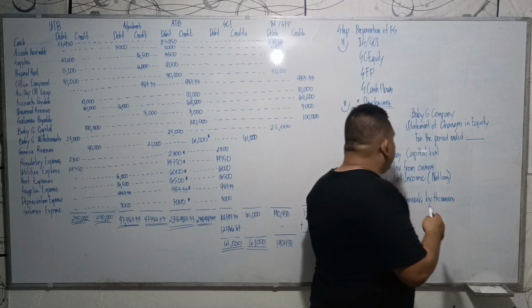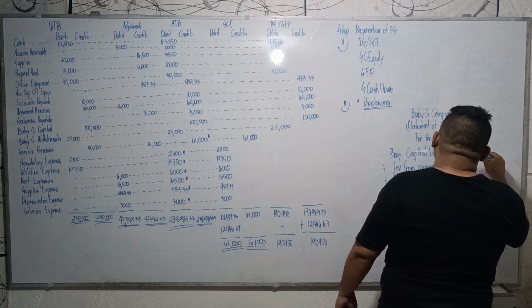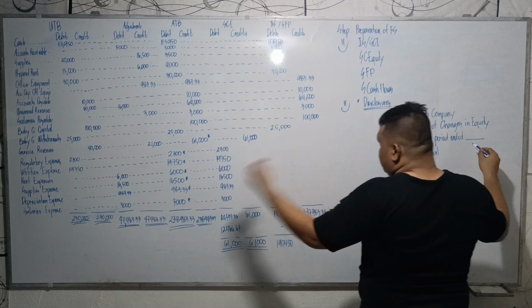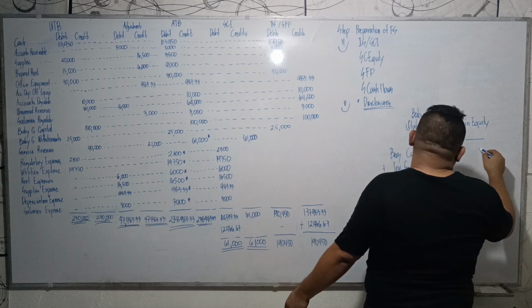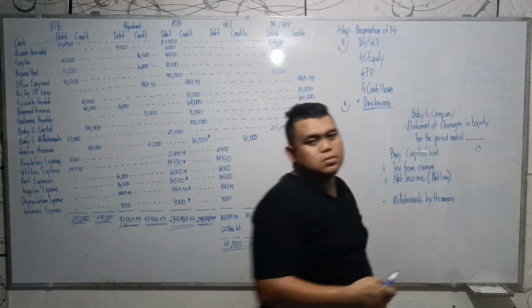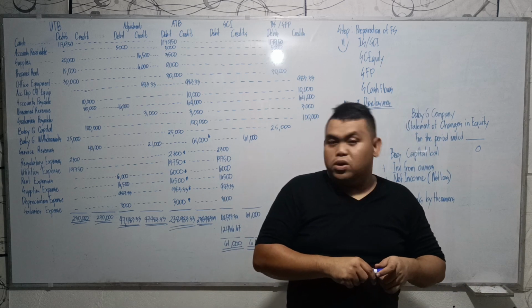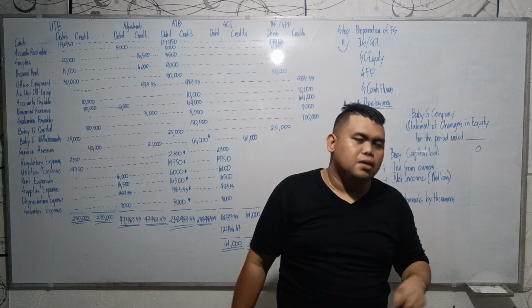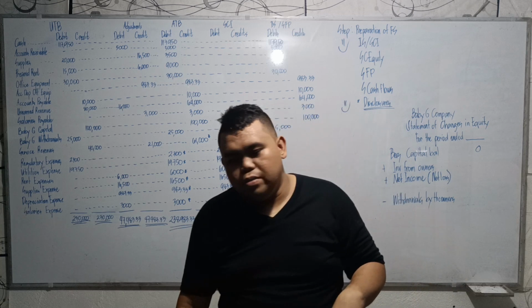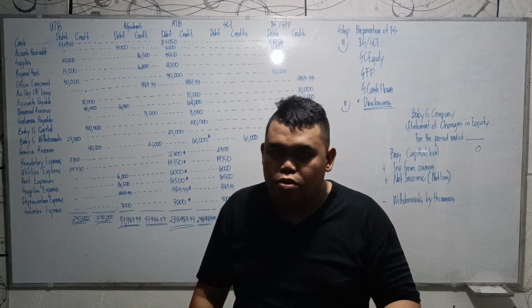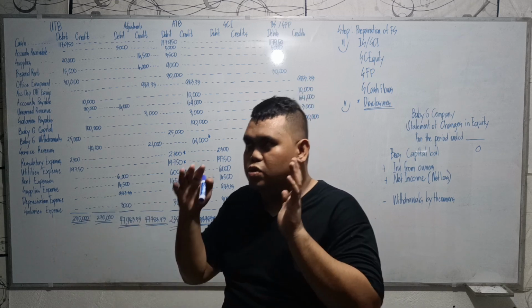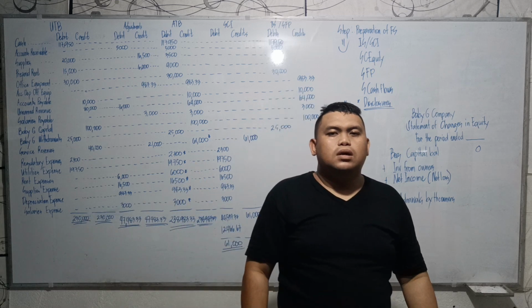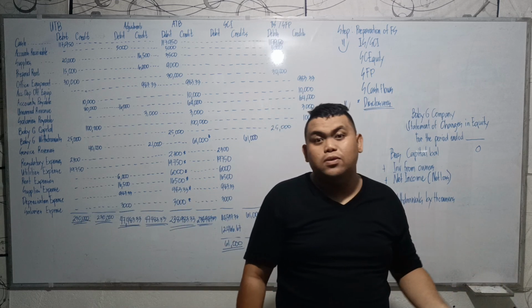For example, on the beginning capital, what is our beginning capital in the comprehensive problem that we have, BBG Company? That's 0. Why? Because beginning capital is only positive if ever the company started already in the past. Like, this is already the year 2 of the company, year 3, year 4, you follow?